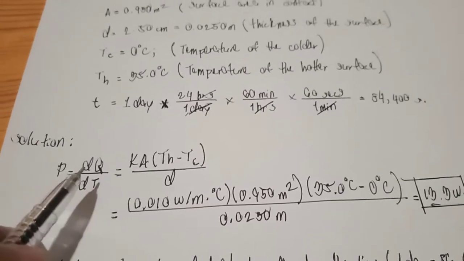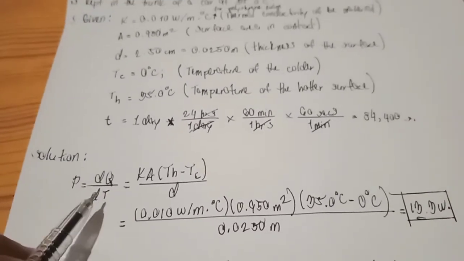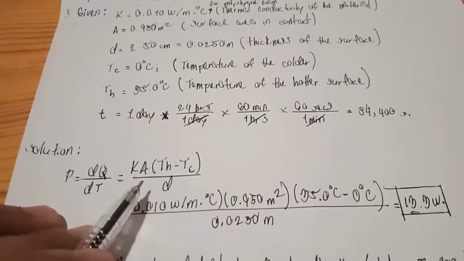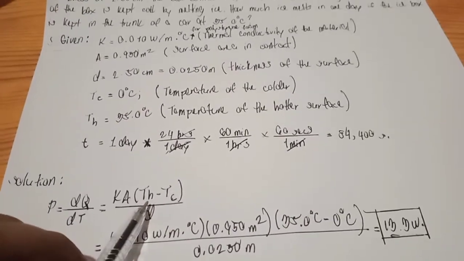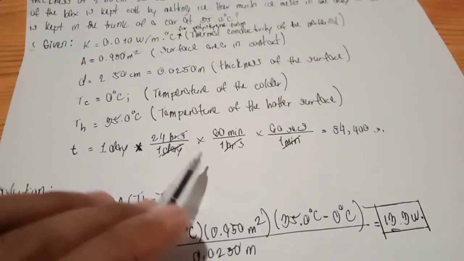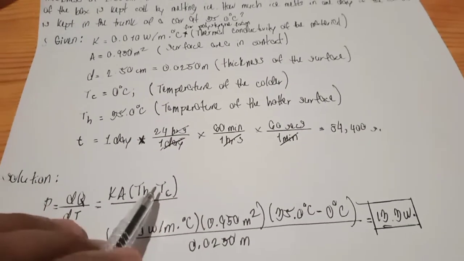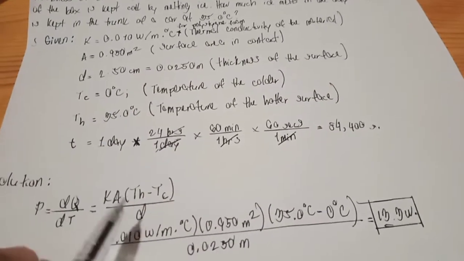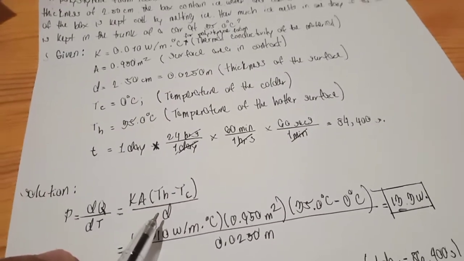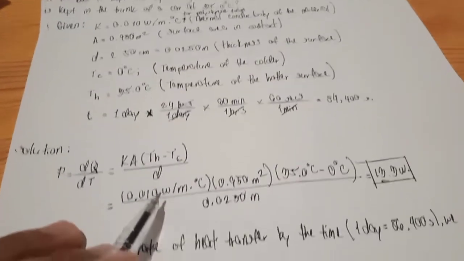Solution. So this is the equation: P is equal to dQ over dt is equal to kA times T_H, the temperature of the hotter surface, minus T_C, the temperature of the colder surface, over the thickness of the surface.